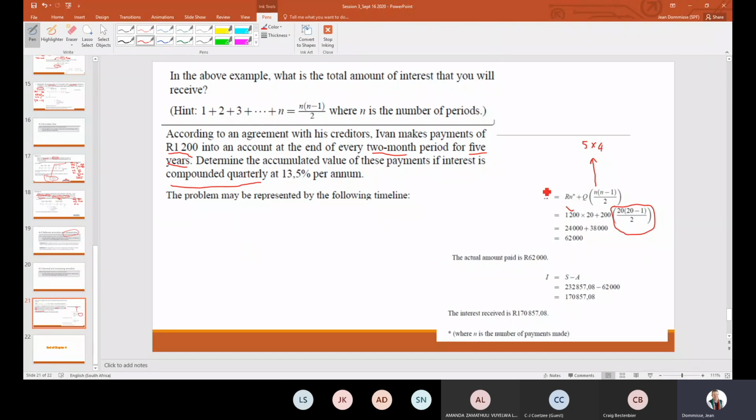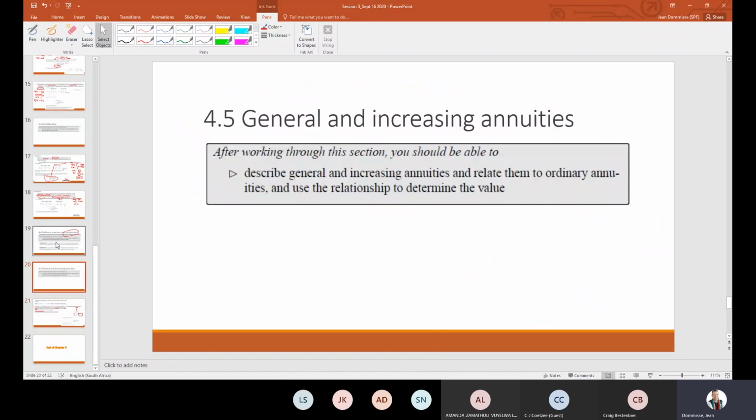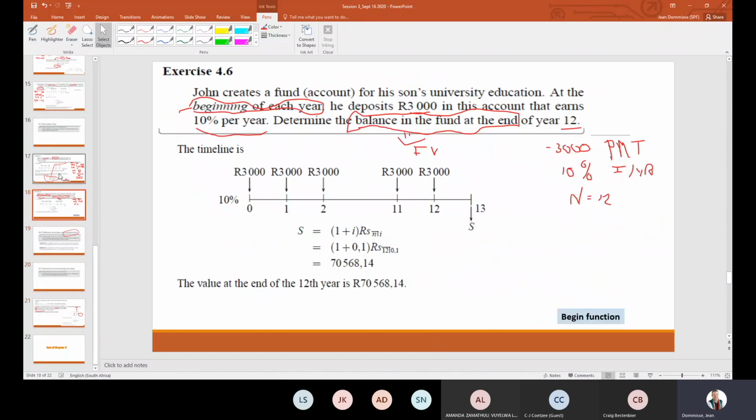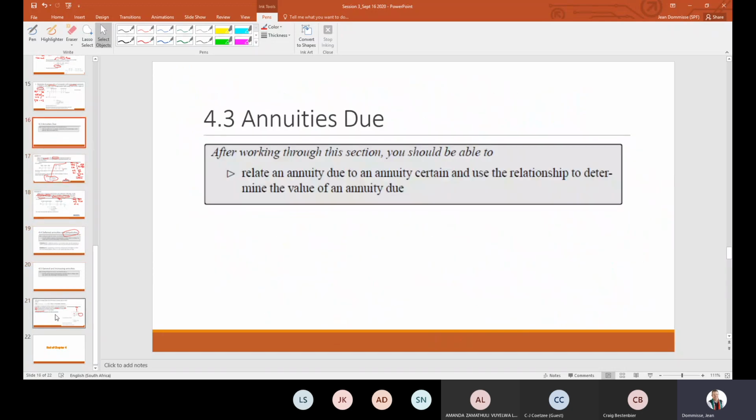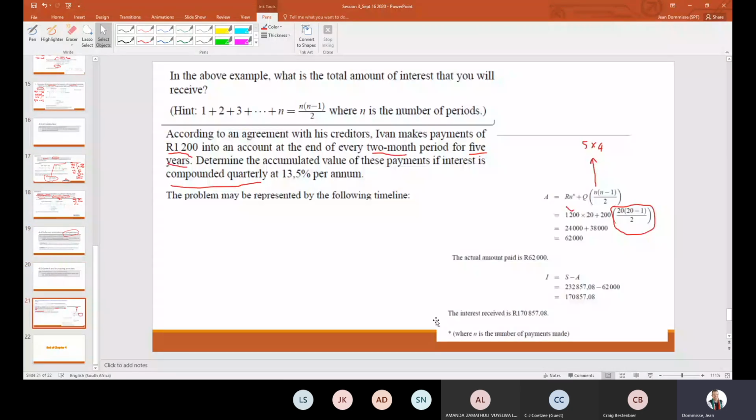I will check for you where this formula is, because I haven't seen that formula in the study guide, so I'll just check where to get that formula, so that we can get the link together.